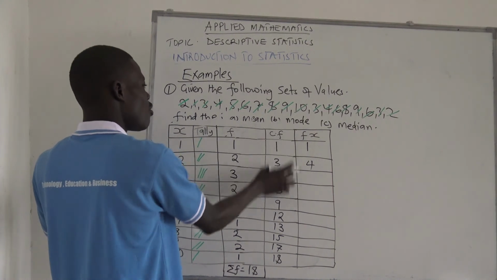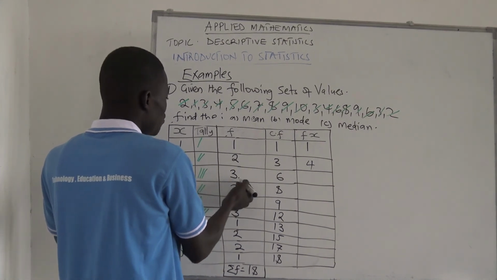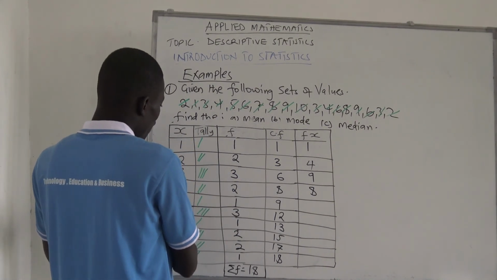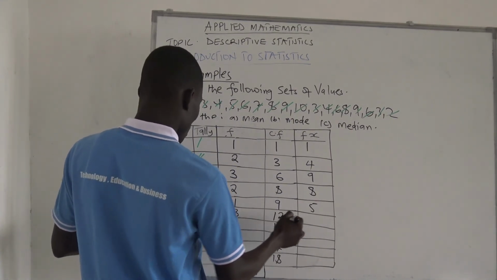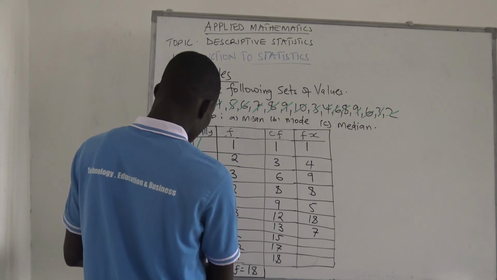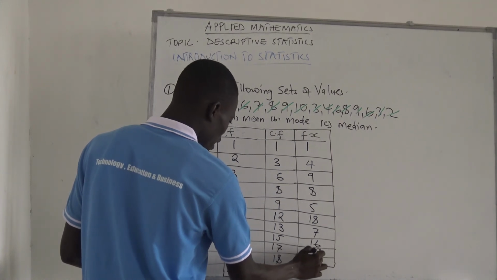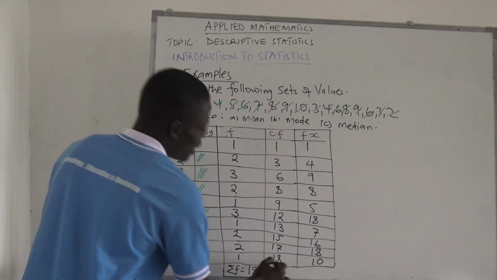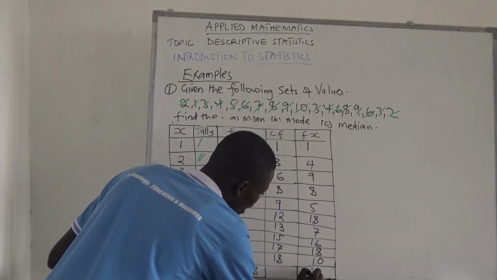We don't use the column of CF, we use the column of F. So 3 times 3 which is 9, 4 times 2 which is 8, 5 times 1 which is 5, 6 times 3 which is 18, 7 times 1 which is 7, 8 times 2, 16, 9 times 2, 18, 10 times 1, 10.